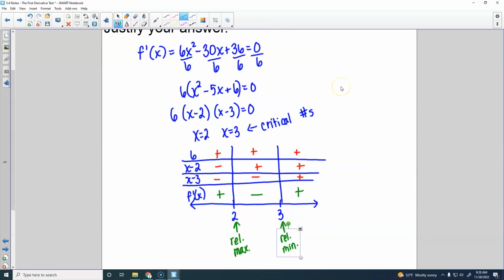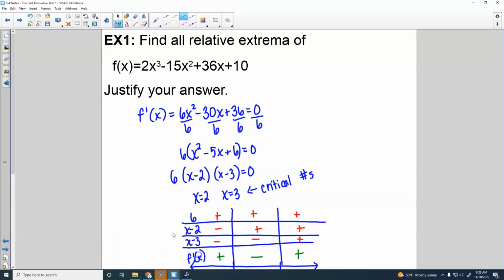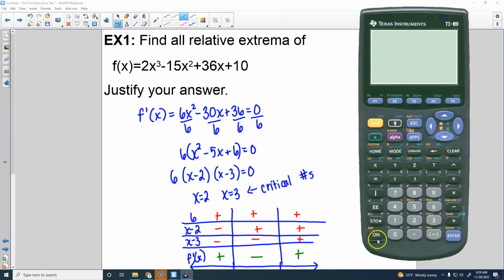So for the sake of time, let's just use the calculator real quick for this. This would be calculator inactive, but just to speed it up just a little bit. If I plug in 2 times 3, times 2 to the third minus 15 times 2 to the second plus 36 times 2 plus 10.